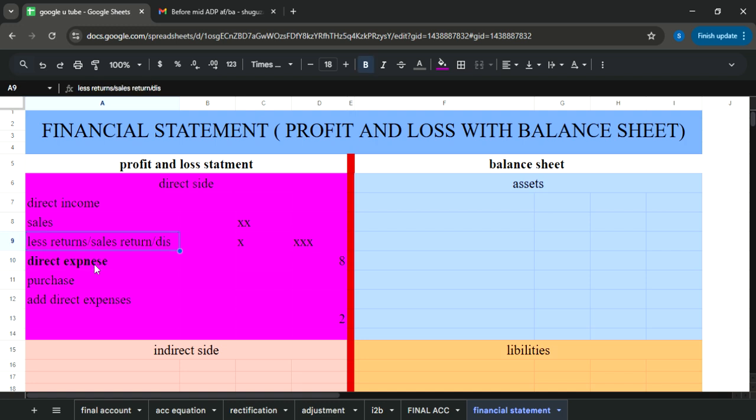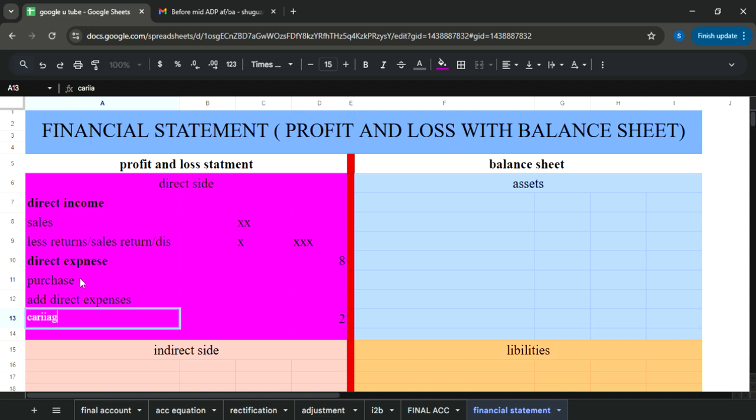Here direct expenses and direct incomes would be mentioned. The main direct expense is purchase, and then you will add direct expenses, those expenses which you have made to make your purchase, and expenses upon maintaining that purchase. This would include direct expenses.